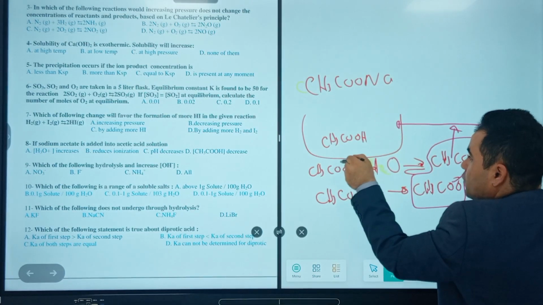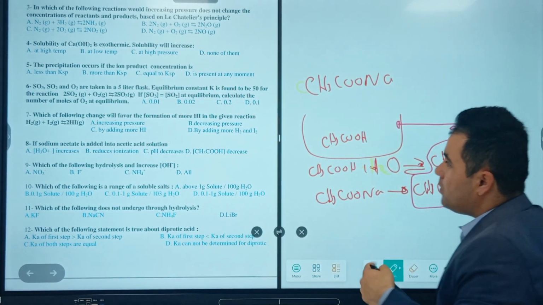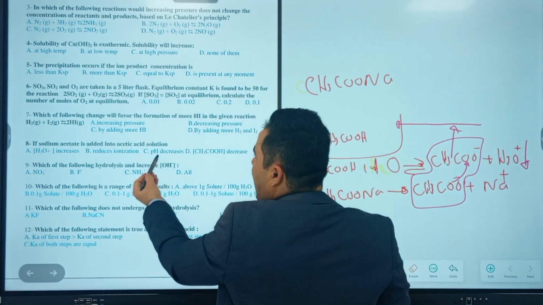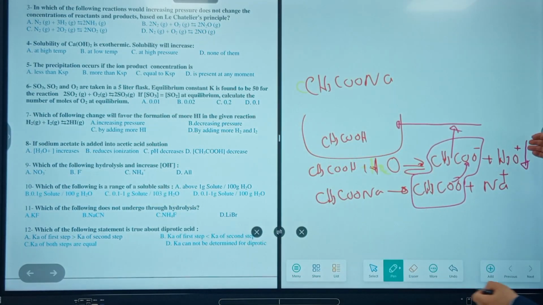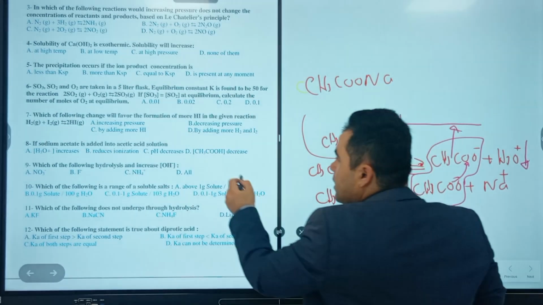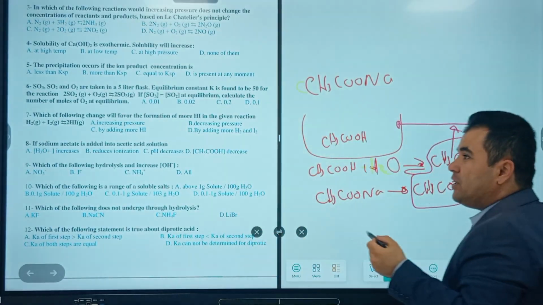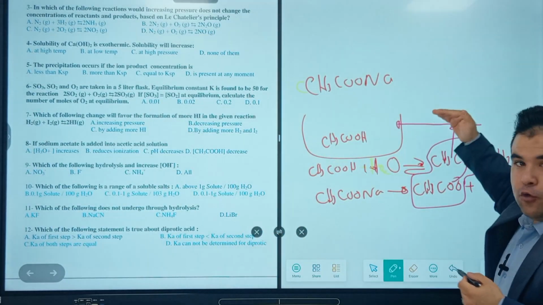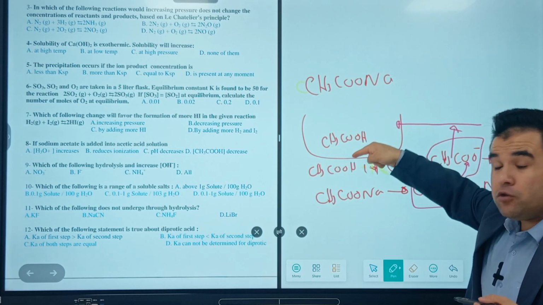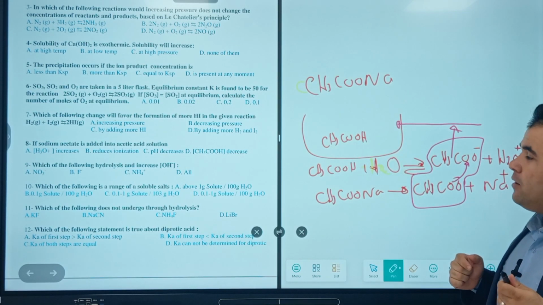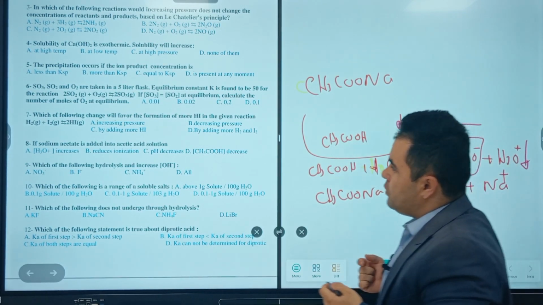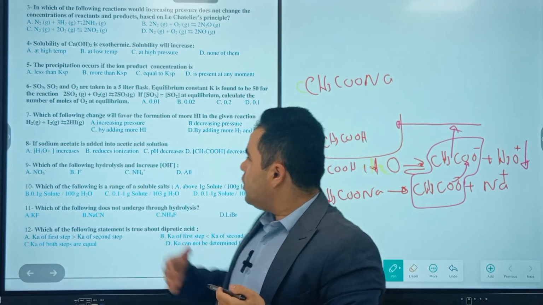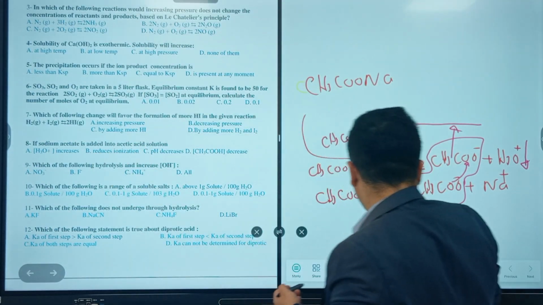If the reverse is favored, it reduces the ionization, yes, B is correct. pH decreases? Hydronium decreases, so pH elevates, C is incorrect. Concentration of the weak acid decreases? No, it increases, because the reverse favored produces more acetic acid, but it reduces the ionization. So B is the correct answer, which reduces the ionization.